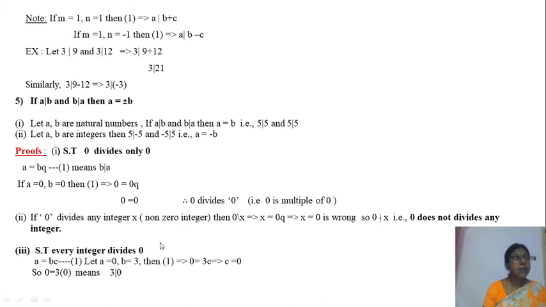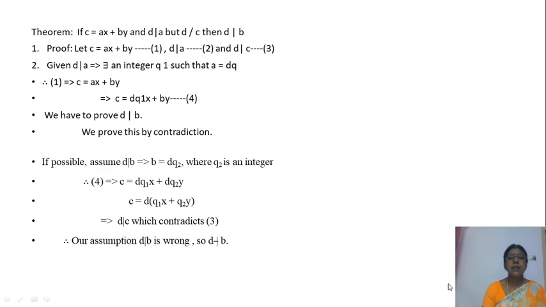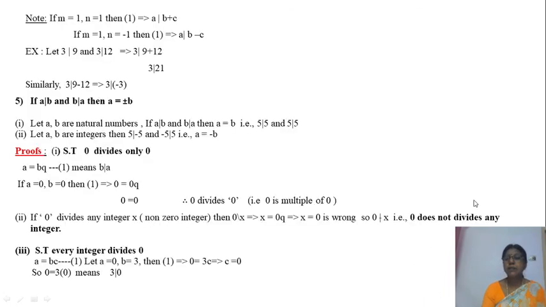What is 0 by 2? 0. 0 by 3? 0. 0 by 4? 0. That means any integer divides 0. But 0 does not divide any integer. 0 does not divide any integer, but every integer divides 0.